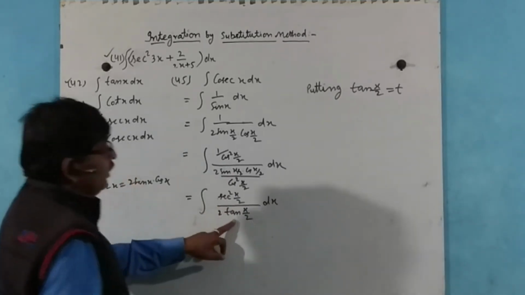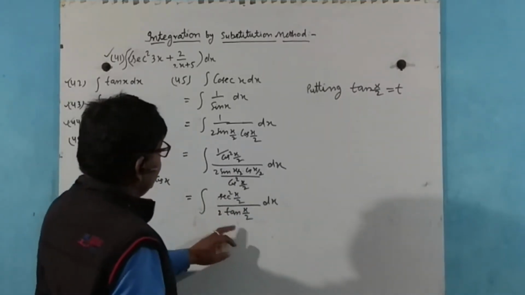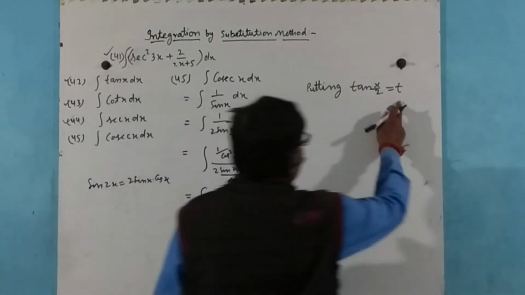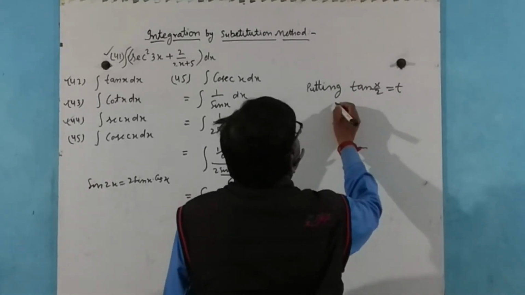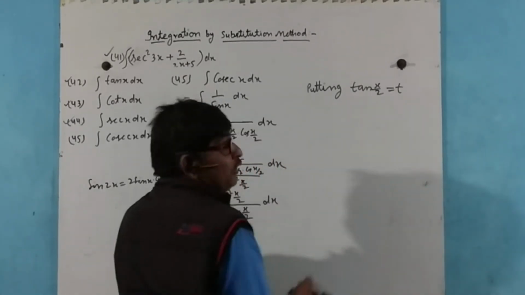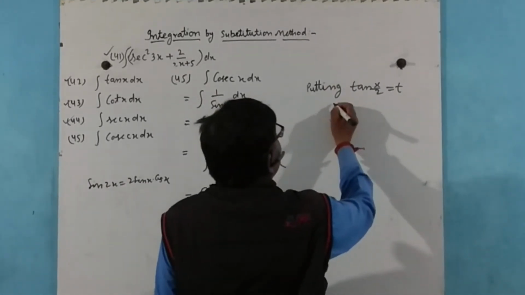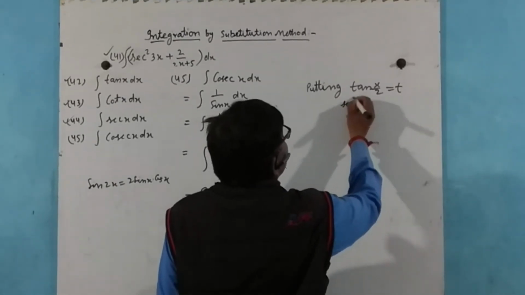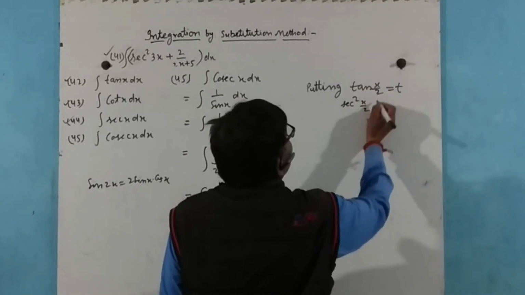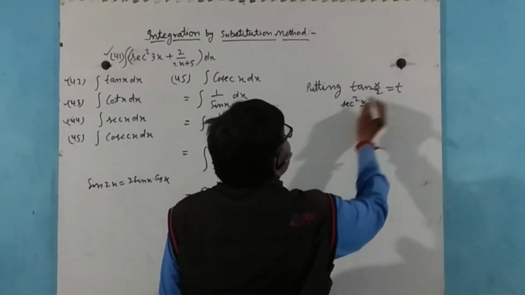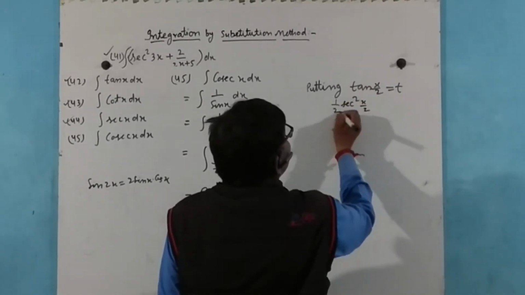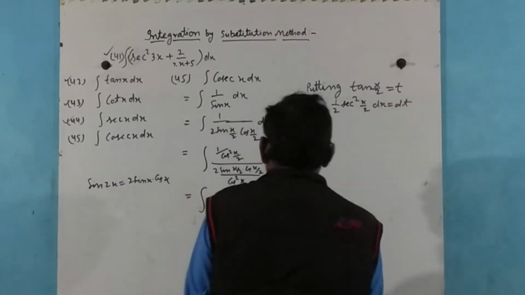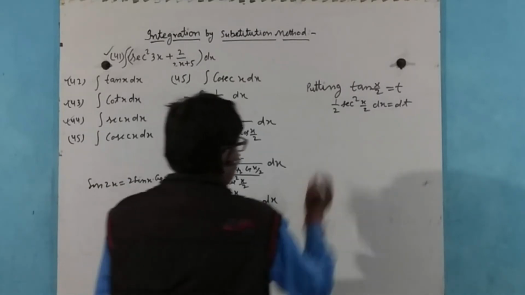Now putting tan x by 2 equal to t, differentiating with respect to x, we get sec square x by 2 times 1 by 2, dx equal to dt.